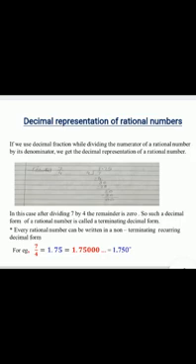Children, every rational number can be written in a non-terminating recurring decimal form. For example, 7 upon 4 is equal to 1.75, which is equal to 1.75000 infinite, which is equal to 1.750 with a point on 0 showing that 0 is recurring.